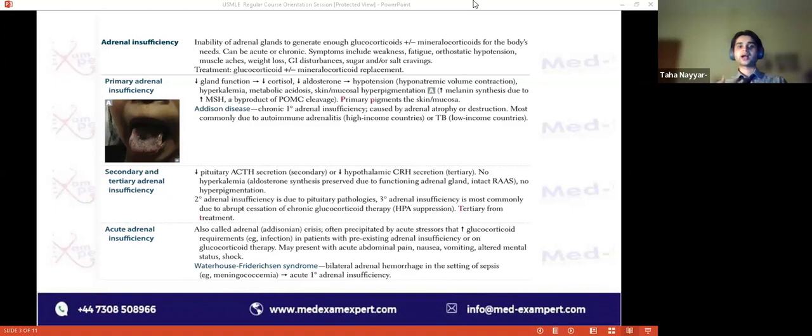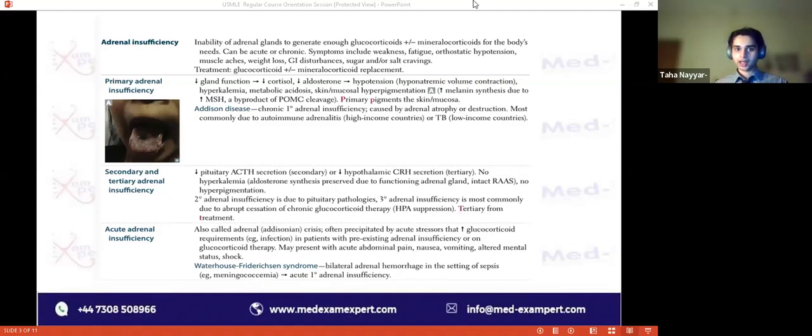This ACTH acts on the adrenal gland, specifically the zona fasciculata of the adrenal cortex, the layer that produces cortisol, and causes the release of cortisol or glucocorticoid. So this axis, this pathway, is only concerned with cortisol.